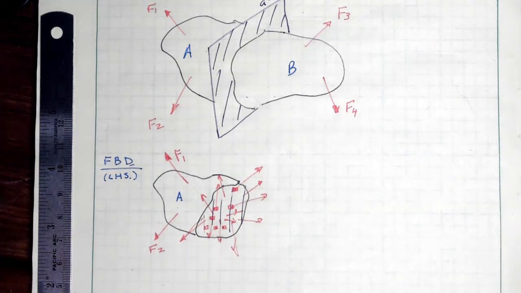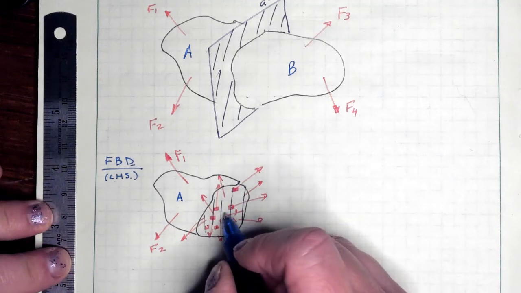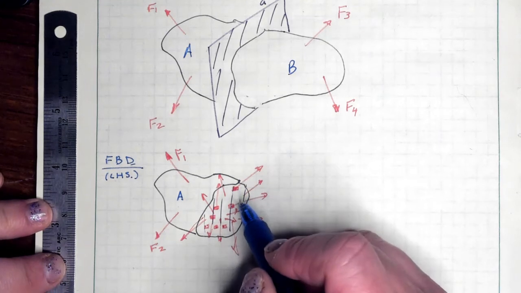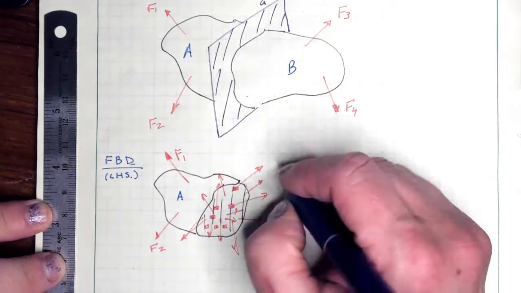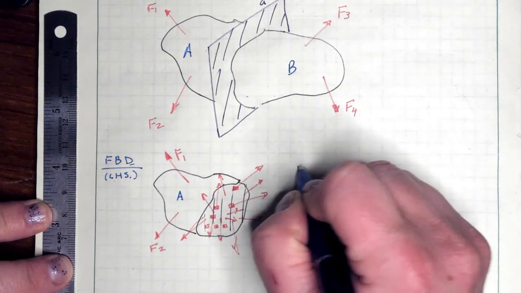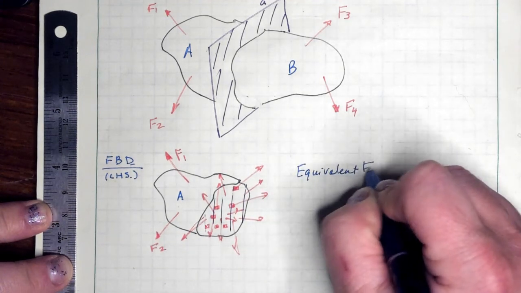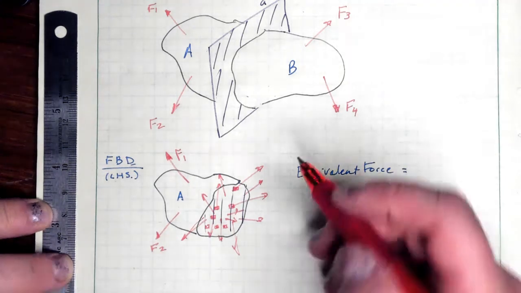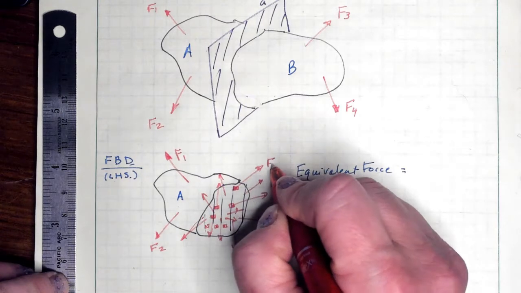But we will use a realistic approach to this. What we're going to do is look at summing up all those forces and finding one equivalent force. I'm going to just call them F sub i's.